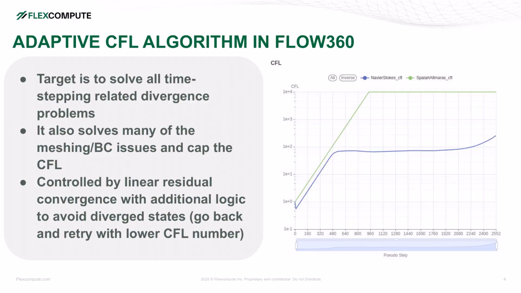Adaptive CFL is controlled primarily by the linear residual convergence, with extra logic to avoid diverged states. If the algorithm detects that the simulation is about to diverge at a particular pseudo-step, it goes back and reduces the CFL and tries again. This retry mechanism is what we call smart CFL cut, and it is part of the adaptive CFL algorithm by default.